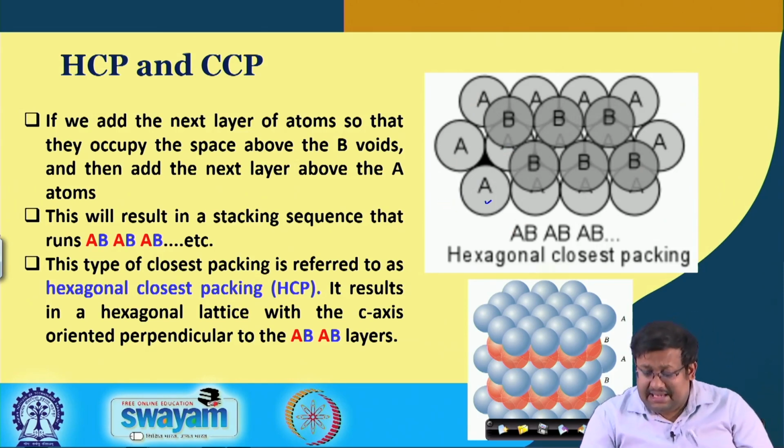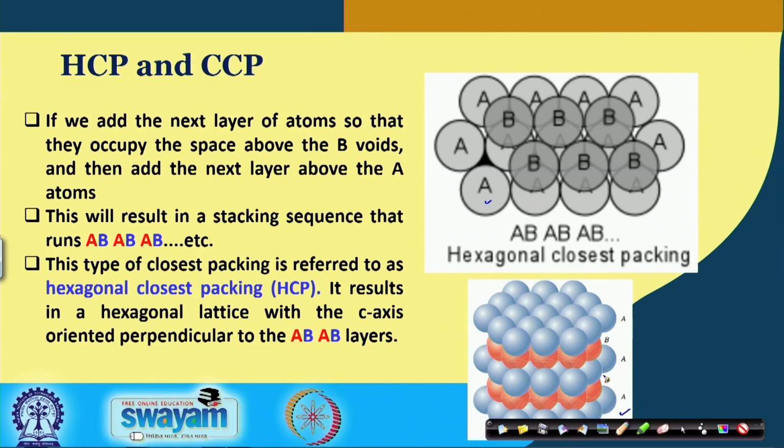This will give you a more clear picture. We are having a layer of A atoms and then a layer of B atoms, and then again a layer of A atoms and B atoms. So, alternately they are repeating each other, and these B atom layers are placed above the B voids. It is not directly placed above the A atoms.